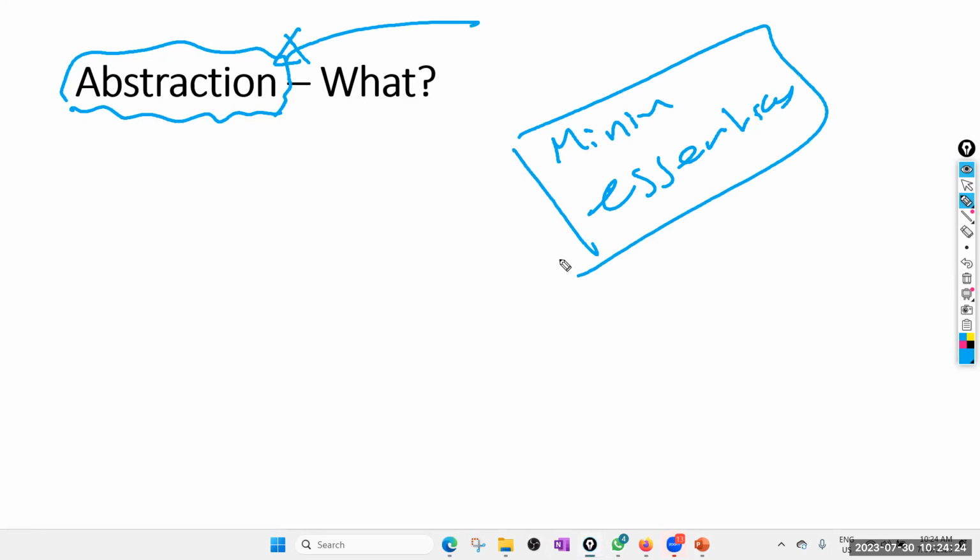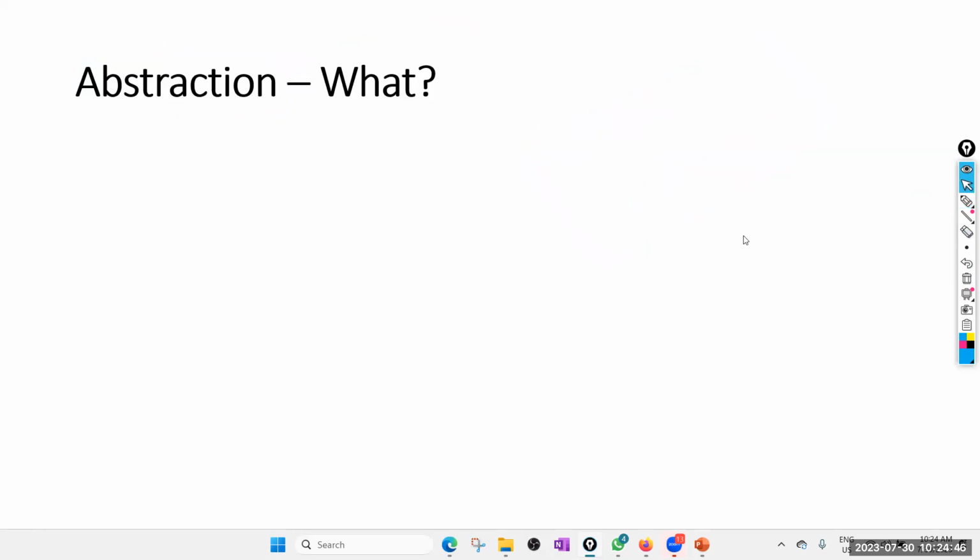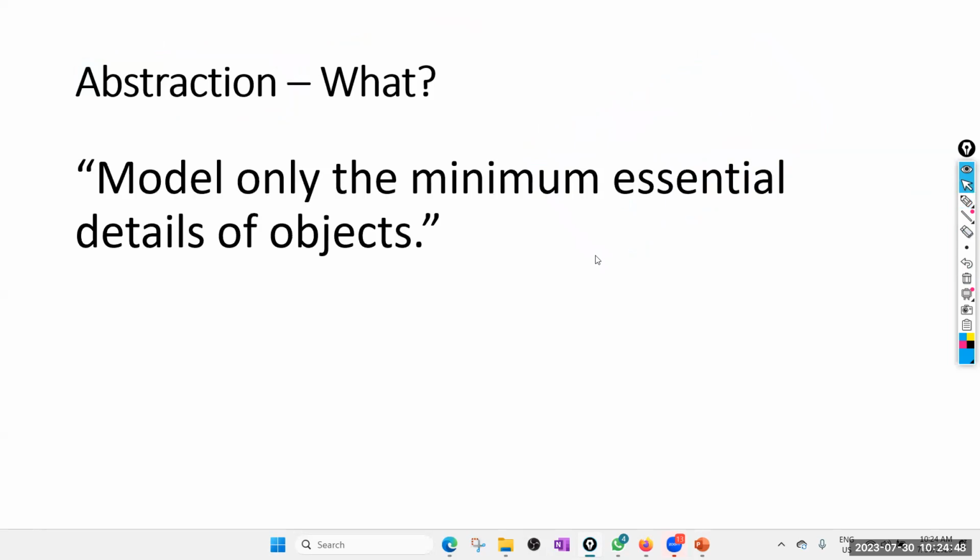Abstraction. So your account class has a minimum number of attributes, a minimum number of behaviors, nothing else. Okay, nothing else. Model only the minimum essential details.